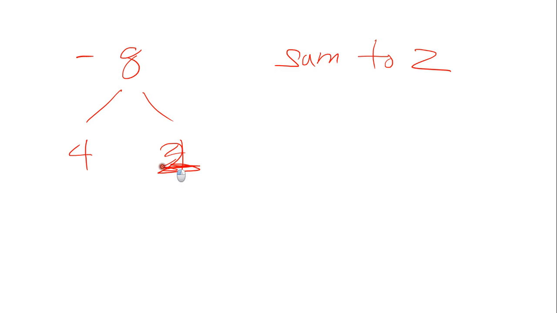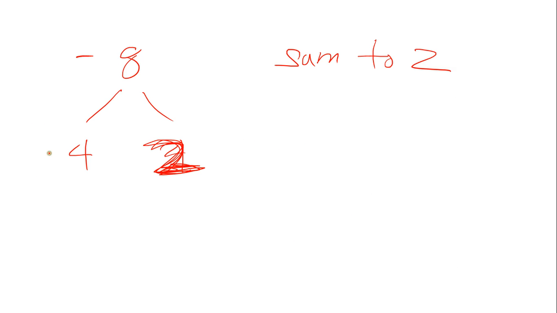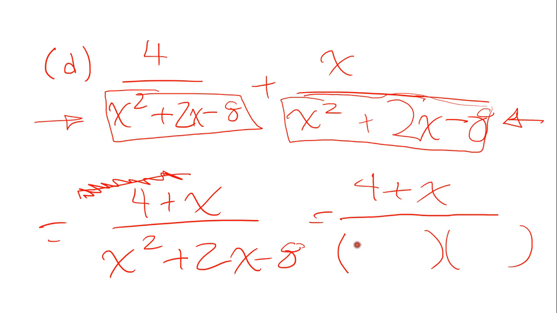Since we have a positive 2, we know that 4 is going to be the bigger one, the positive, so we'll have negative 2 and 4. So we have x plus 4 and x minus 2.